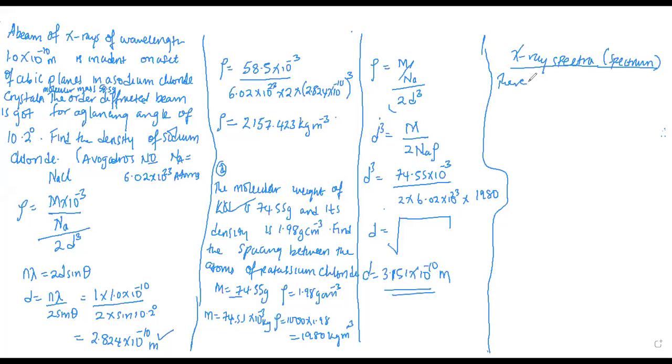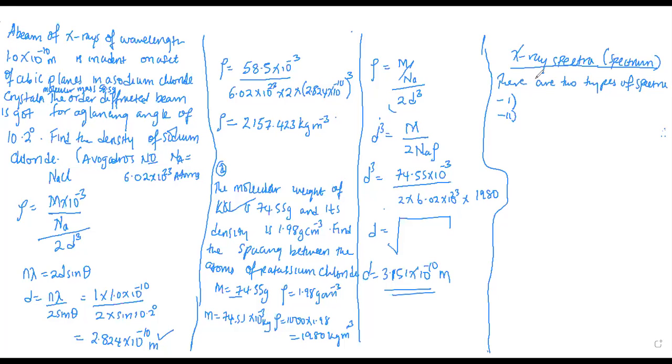So there are two types of spectrum. When it is one, it's called spectrum. When there are many, they are called spectra. So we have the line absorption spectrum.